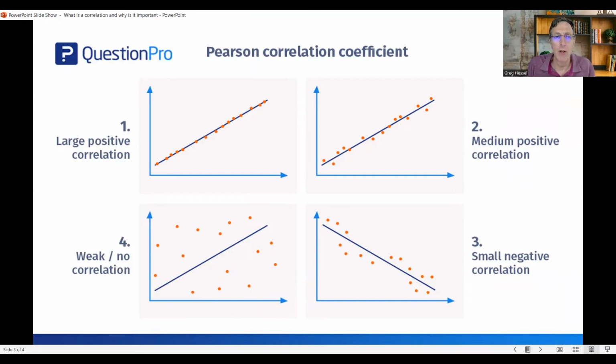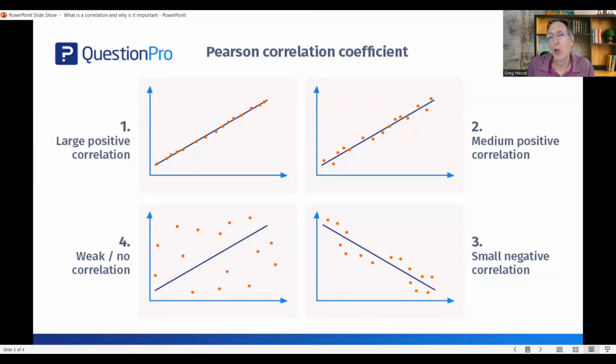As people's rating on one variable goes up, their rating on the other goes up also. This is almost a straight line, so it's a very positive correlation, close to +1. Whatever these two are, they go together.